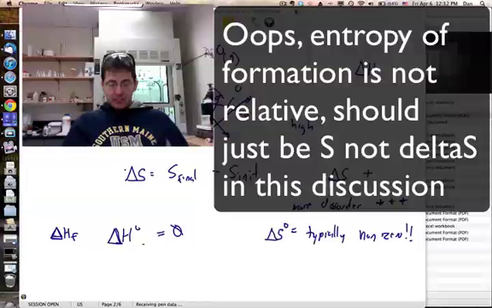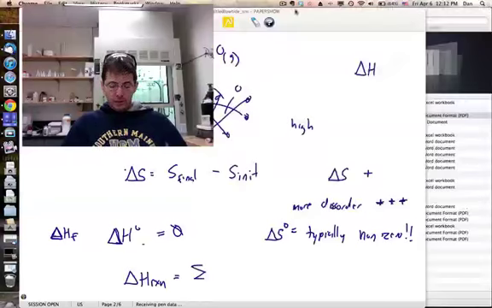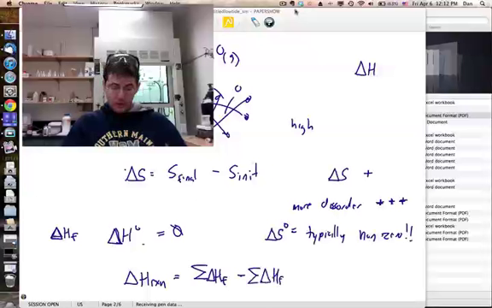Many of the same tricks that we used for simple enthalpy calculations, like Hess's law, where we could build reactions and combine them, we can look at the delta H formations of the products and subtract those of the reactants to get an enthalpy change for a reaction.